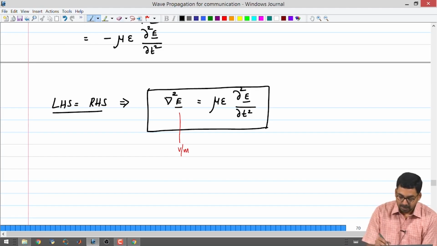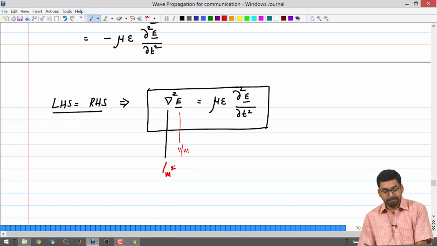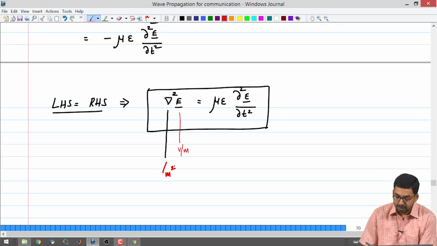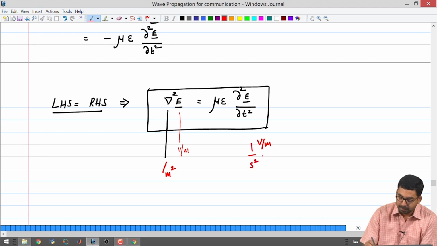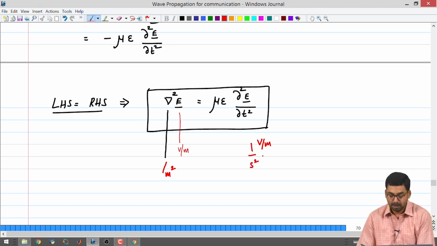You are taking the spatial derivative twice, which means that it becomes per meter square. On the right hand side, I have the temporal derivative taken twice, so it will be volt per meter times 1 by second square.